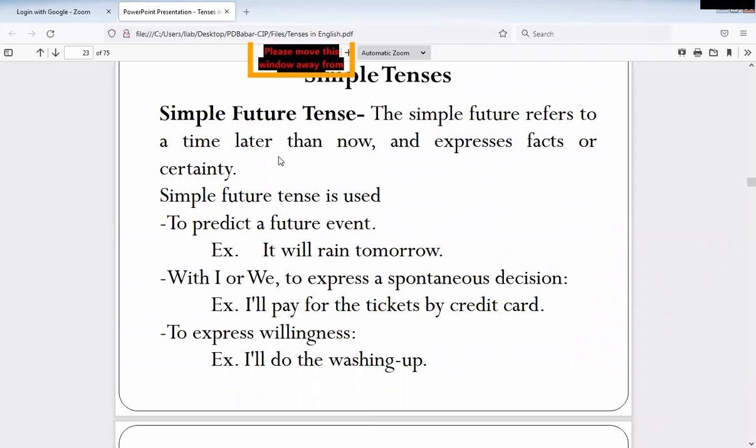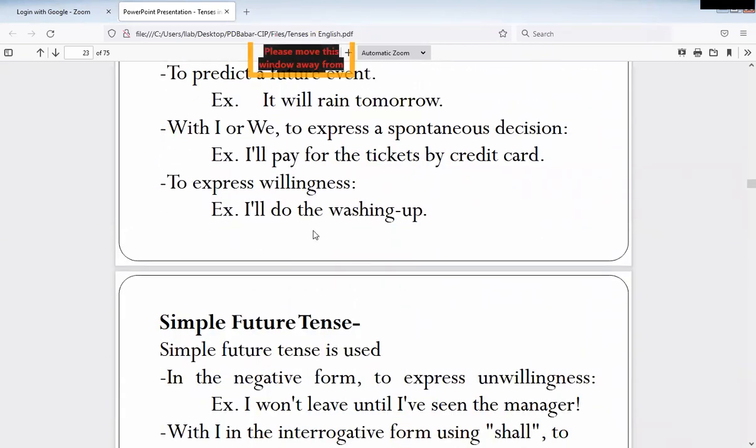From the sentence, I will do the washing up, we can take the meaning as I want to wash my clothes with the washing machine. Another example we can take is, I will do the meal, or I will do the cooking.